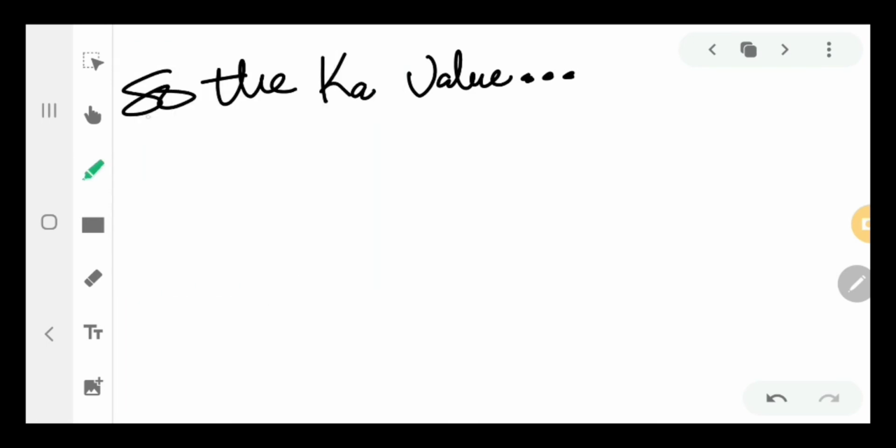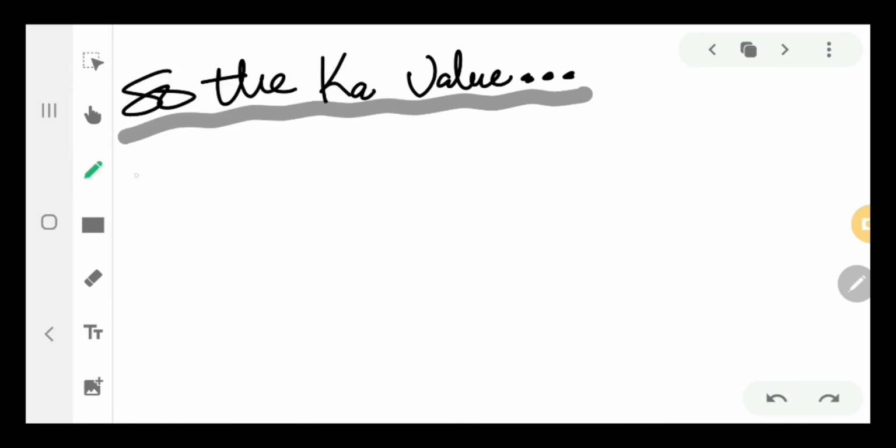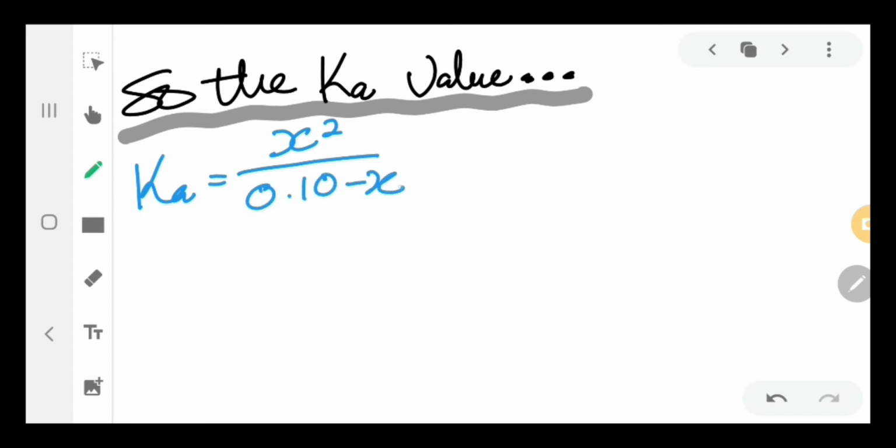Ka equals x squared over (0.10 minus x).